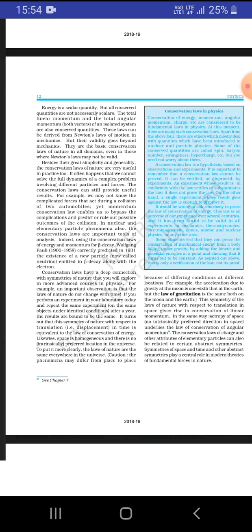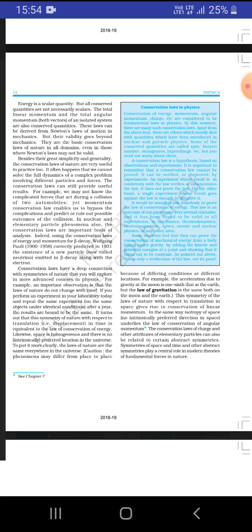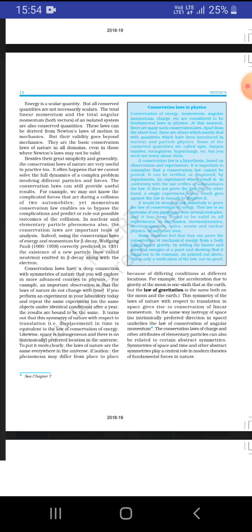Laws of nature are the same everywhere in the universe. Phenomena may differ from place to place because of different conditions and locations, but the law of nature is only one.